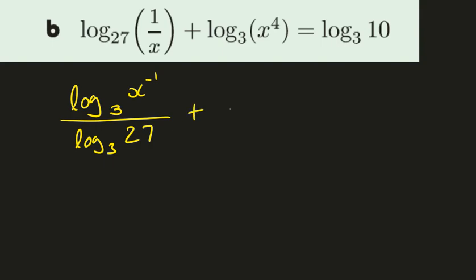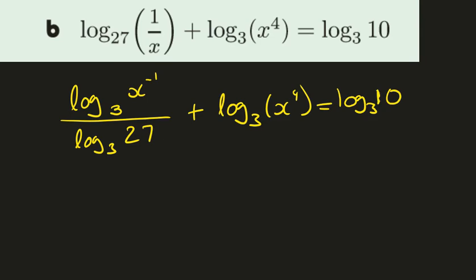And of course, we'll keep this second term exactly as it was, equals log base 3 of 10. And then we will say, well, what do I raise 3 by to get 27? It's 3 again, much like last time. So much like last time, we'll bring that outside, log base 3 of x to the minus 1.